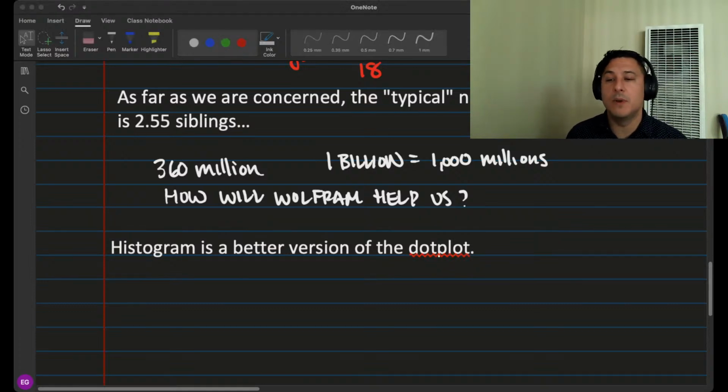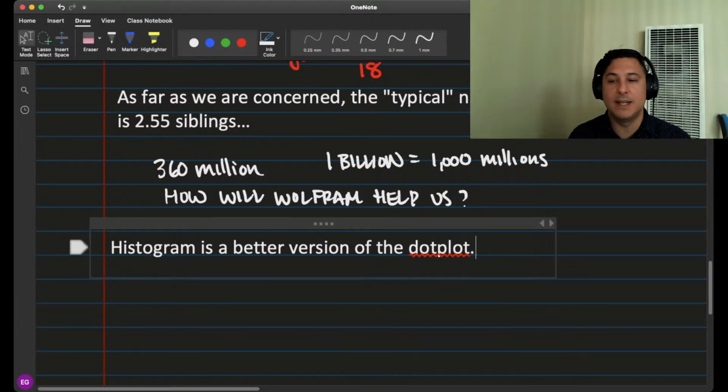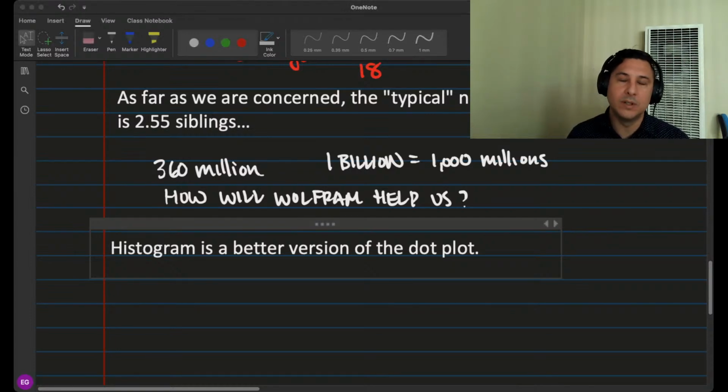The histogram is what we're primarily going to use to look at data. It's like an easier to read dot plot, or it gives you more info. It may not necessarily be easier to read, but it's definitely more useful.